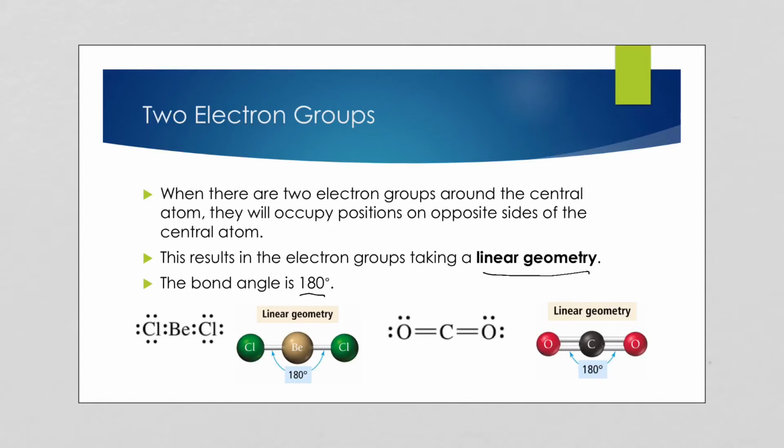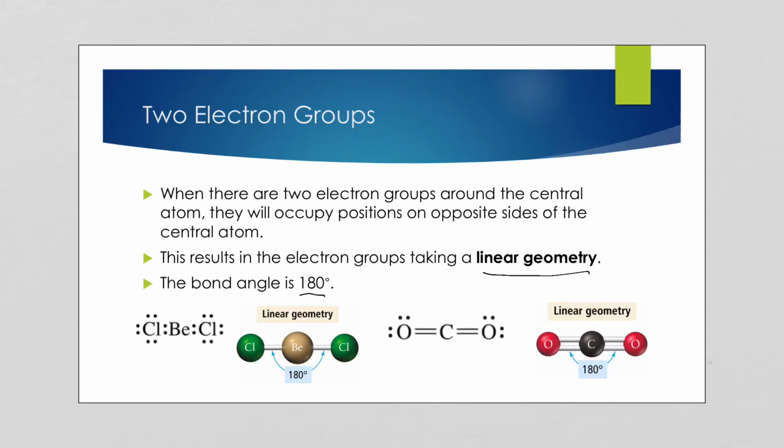So we could have a couple of different examples. We have an example here with beryllium, which has a reduced octet, just like we saw with group 3 commonly. It had a reduced octet with only 6. There are beryllium compounds out there that we really don't get into too much in this class that can have only 4.